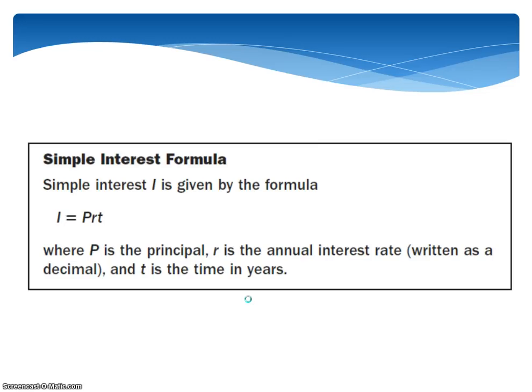Here's the simple interest formula. I is simple interest, P is the principal, R is the annual interest rate, and again this is a percent that is written as a decimal in order to multiply it, and T is time. And remember, it is time in years. If I give you months, that means I have to divide by 12 in order to get time, because there's 12 months in a year.